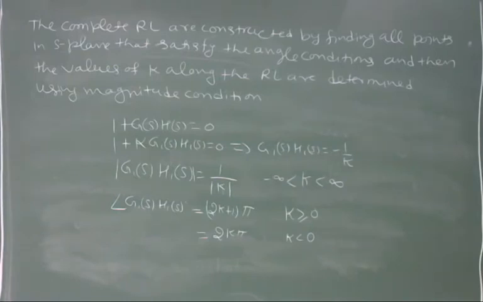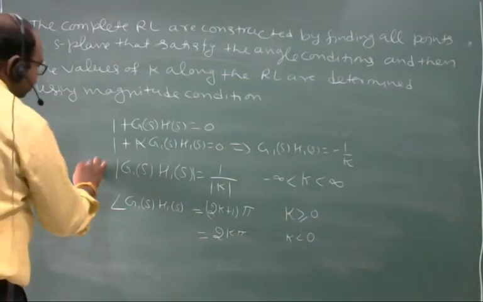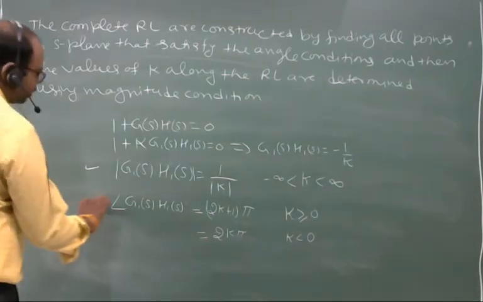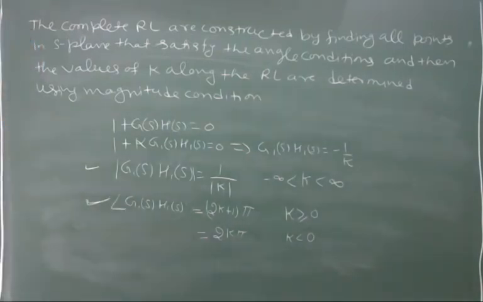So the magnitude condition is modulus of G1(s)H1(s) is equal to 1 by mod of k, and the angle condition is, when k is greater than or equal to 0, angle will be (2k plus 1) pi, and when k is less than 0, angle will be 2k pi.